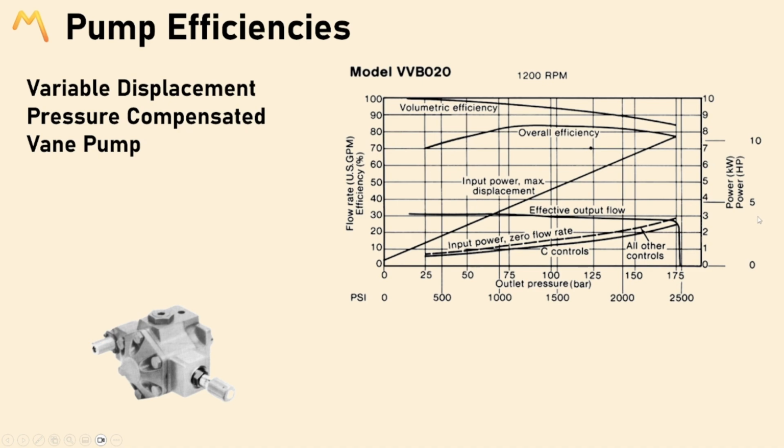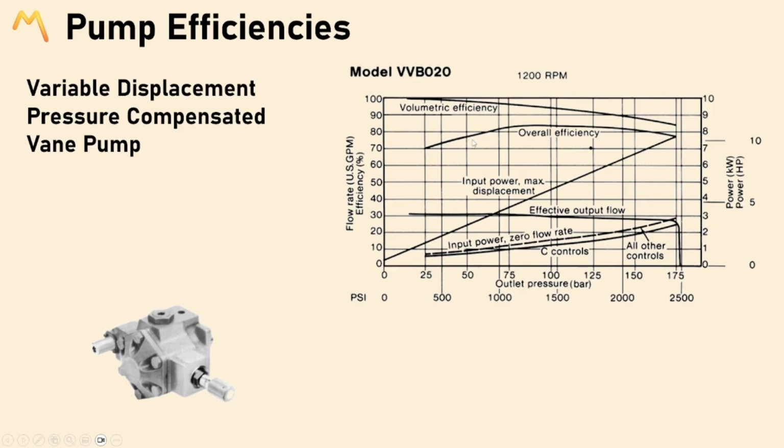Over here on the right, we have a power axis. So this axis is talking about kilowatts, and this axis here is talking about horsepower, but they're both measurements of power. Now that we know what axes are on these graphs, we can figure out which of them are actually useful to us by choosing a specific line to look at.